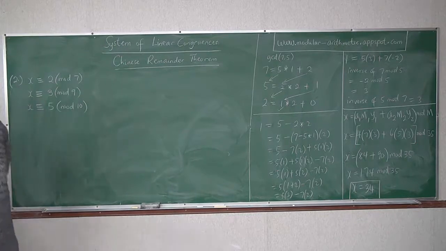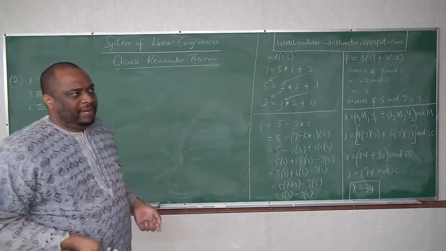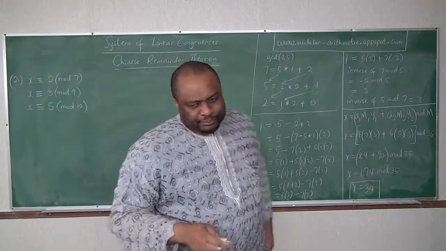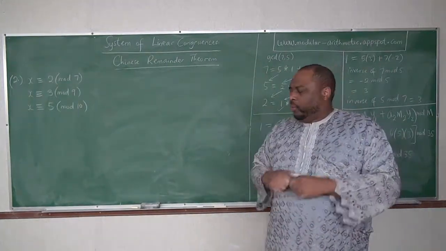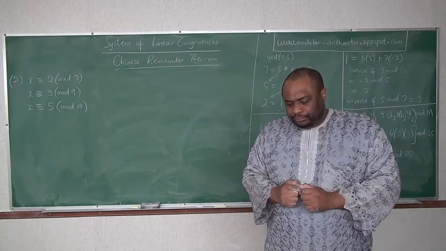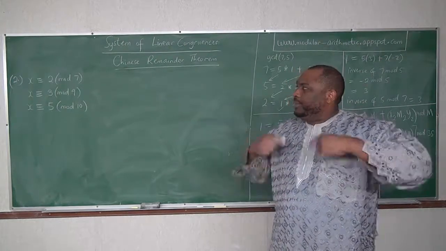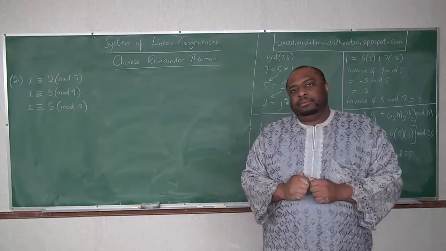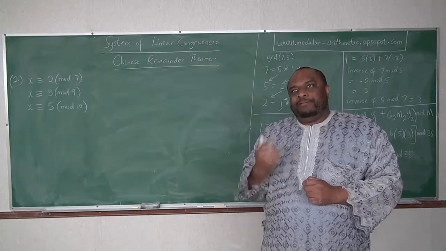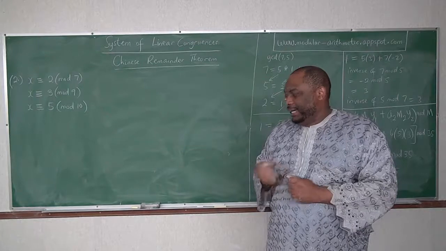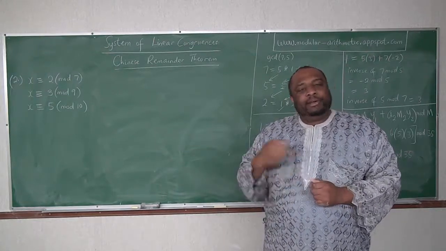So this is similar to saying, what is the number that when you divide it by 7, the remainder is 2? When you divide the same number by 9, the remainder is 3.